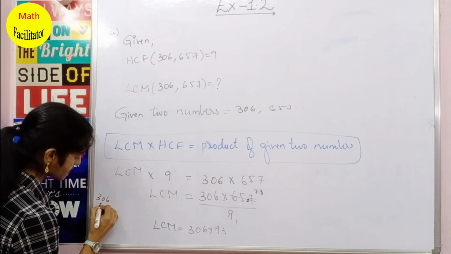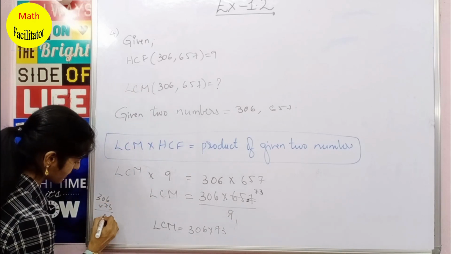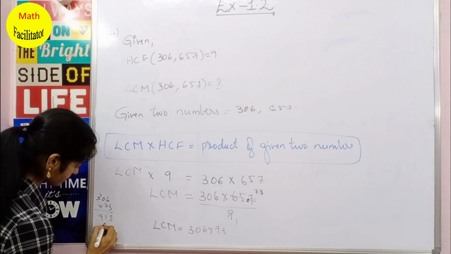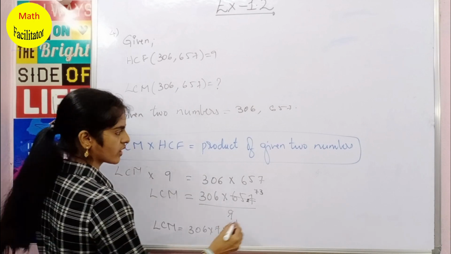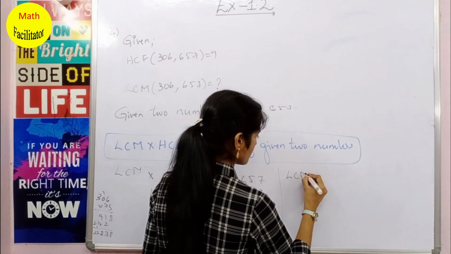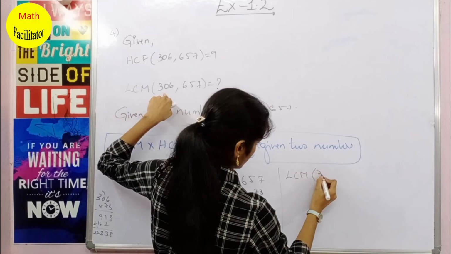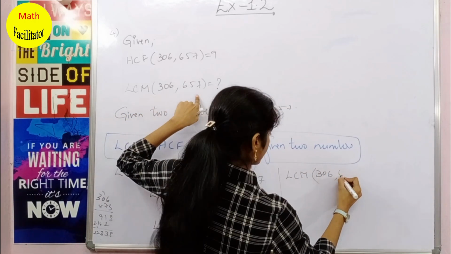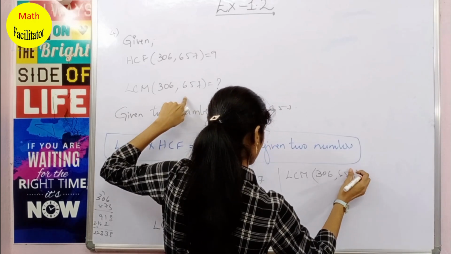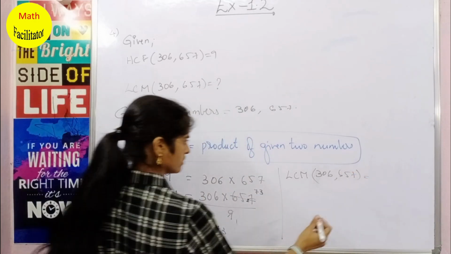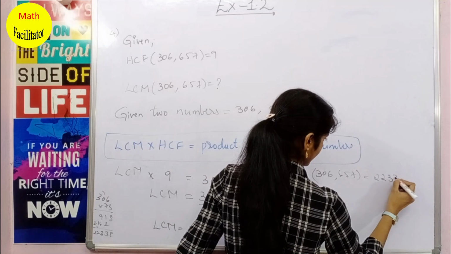So 306 multiplied by 73 gives you 22338. So let me write it here: LCM of 306 and 657, as it is given in the question, is 22338.